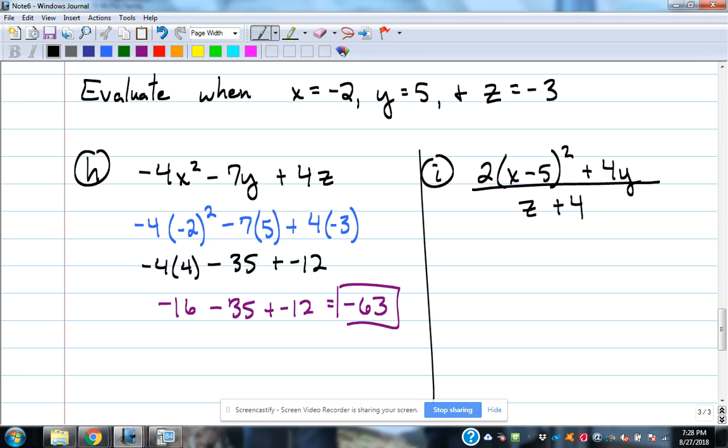Again, we're using the same x, y, and z values on this one. So x is -2, y is 5, and z is -3. So we're just plugging those in. 2 times (-2 minus 5) squared plus 4 times 5 over -3 plus 4.